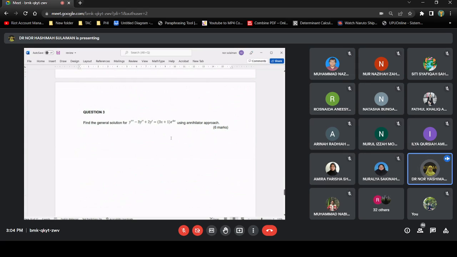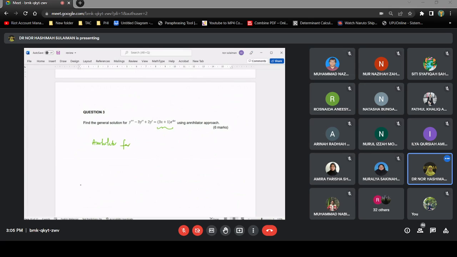Yang ini pun lebih kurang macam tu juga, cuma hanya saya tak nak ulang lah dia punya tu, cumanya you all kena cari annihilator bagi yang ni dahulu. Okay, apa annihilator dia? Siapa nak try benda ni?